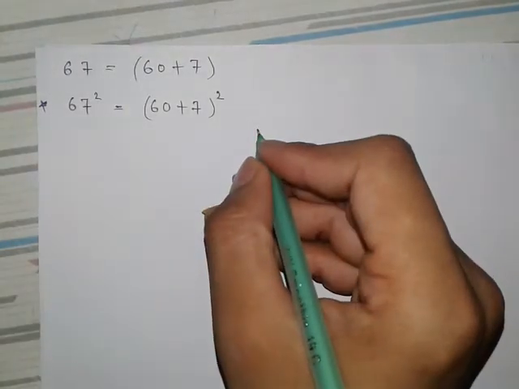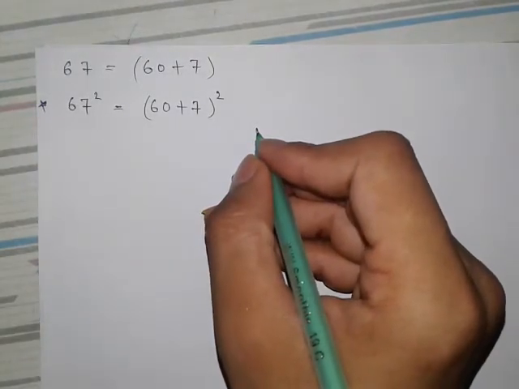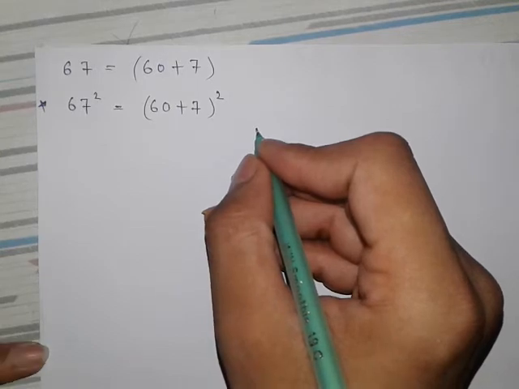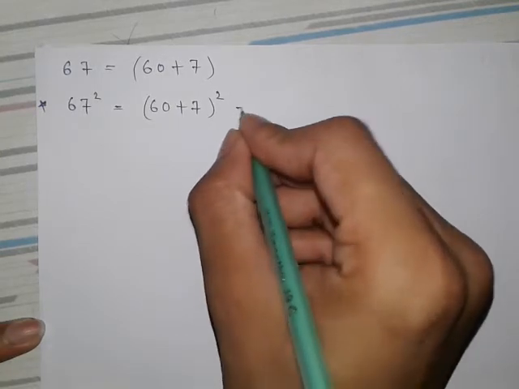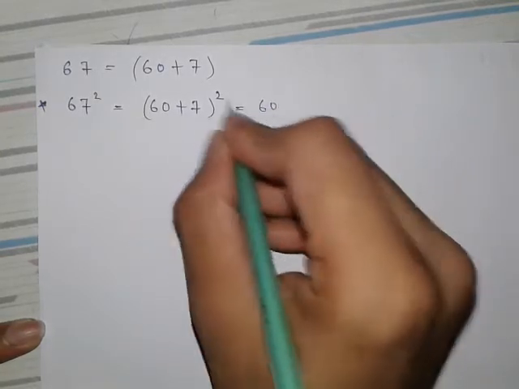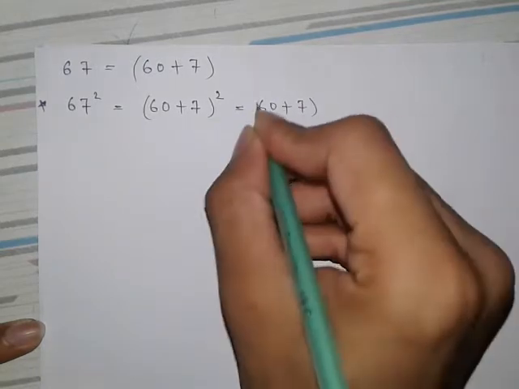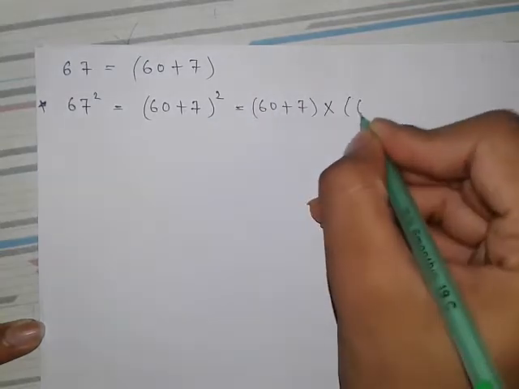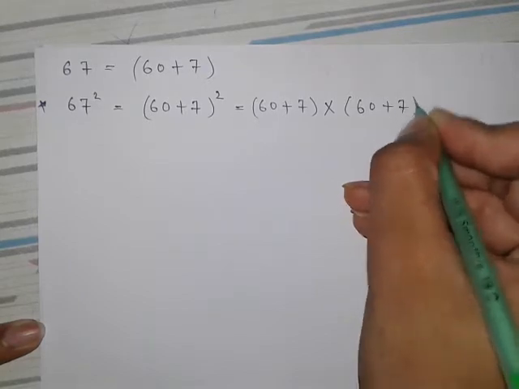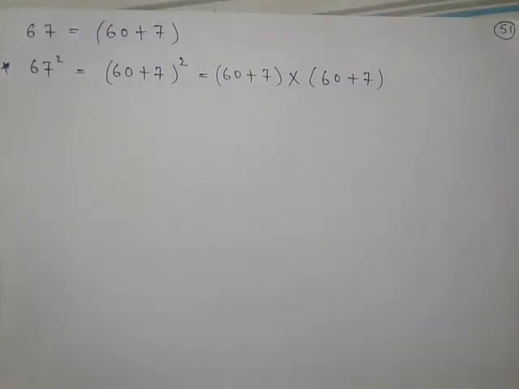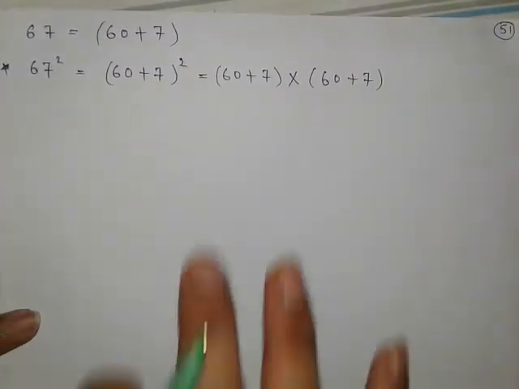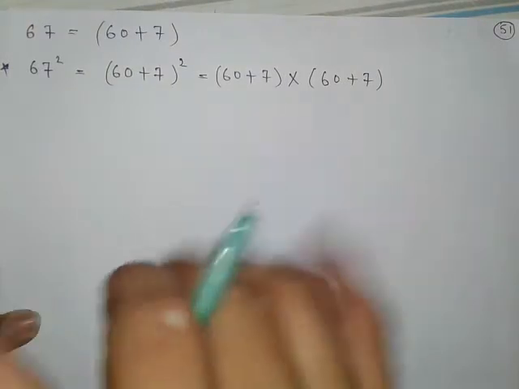Square simply means you have to multiply it with itself, 2 times. So (60 plus 7) squared simply means (60 plus 7) multiplied by (60 plus 7). Okay, isn't it? Now to solve it, how can we solve it?